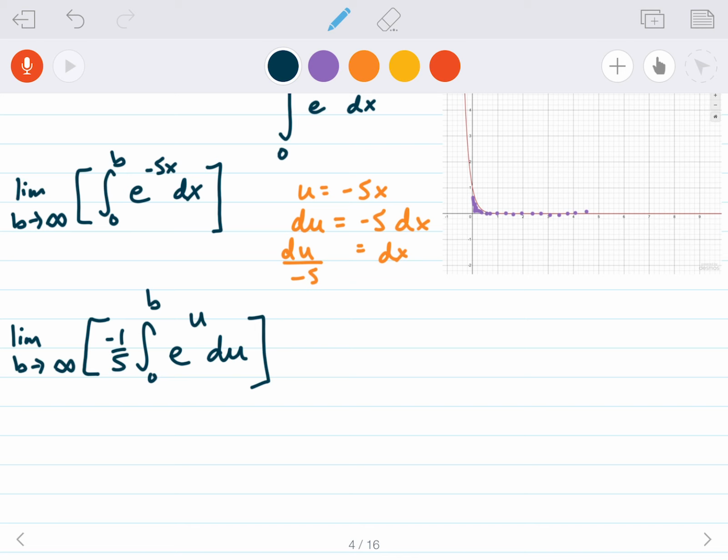So this becomes limit as b goes to infinity of negative 1 over 5 e to the u, and we're integrating from 0 to b.